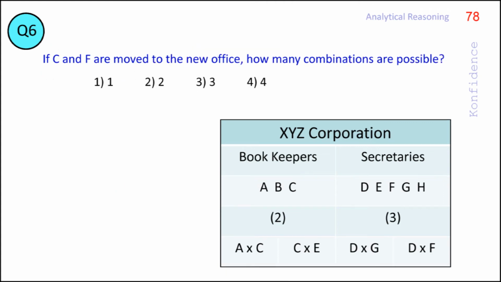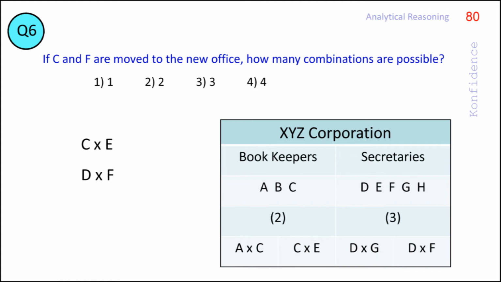In question number 6, we know C cannot work with E and D cannot work with F. If C and F are moved, then E and D cannot be part of the team. So, all the remaining secretaries will have to be part of the team because there has to be 3 people in the team, and if 2 from 5 are not there, the other 3 will have to be there.